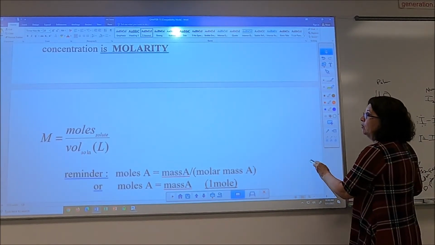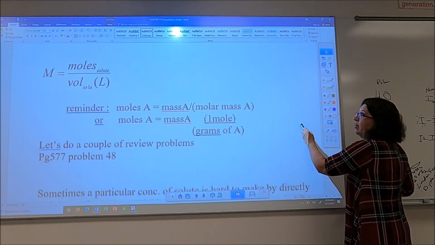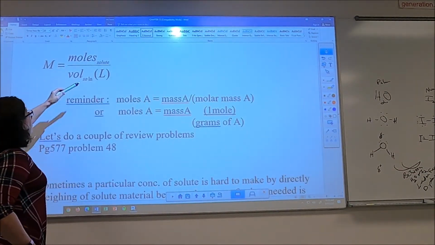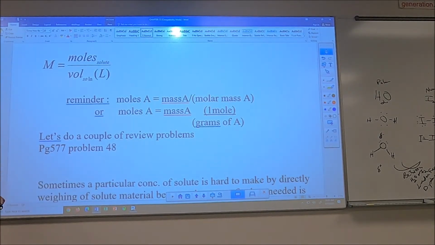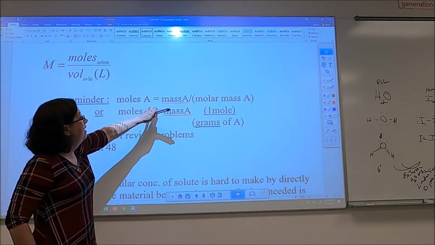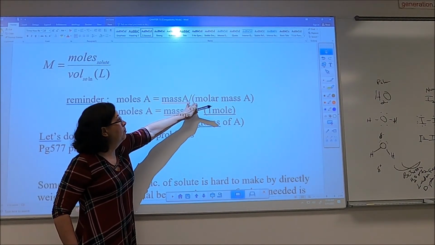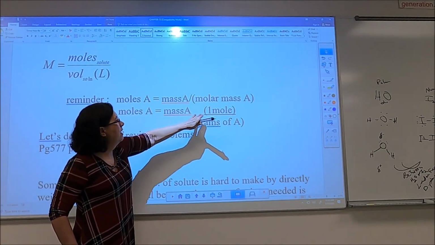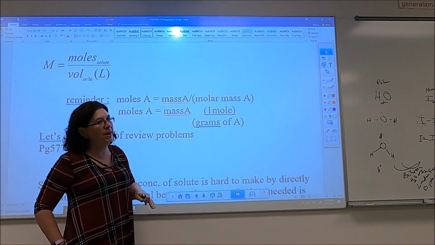So what's molarity? Molarity is moles of solute over volume of solution in liters. Remember that moles of a material A is equal to mass of A divided by the molar mass of A, or moles of A is mass of A times 1 mole over how many grams are in a mole.